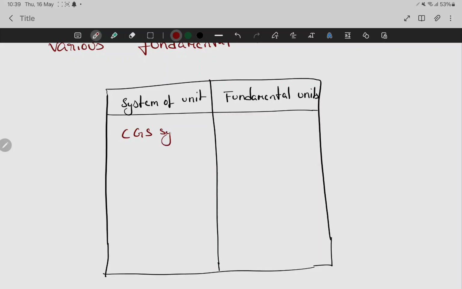CGS system, FPS system, MKS system. CGS system is otherwise called the French system. FPS system is otherwise called the British system. MKS system is otherwise called the metric system.